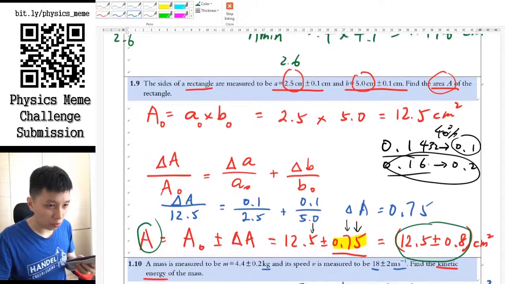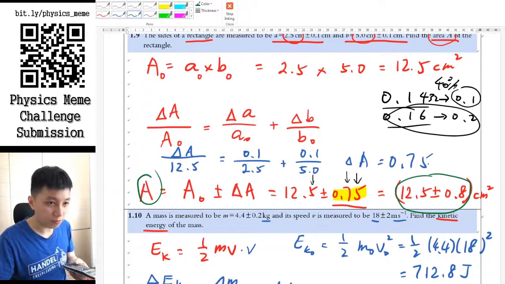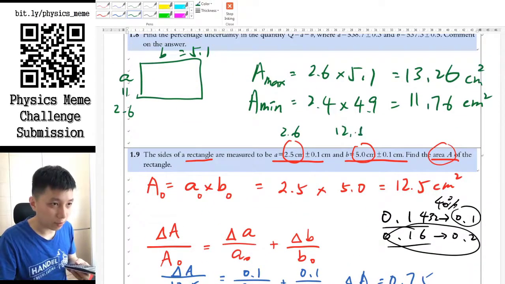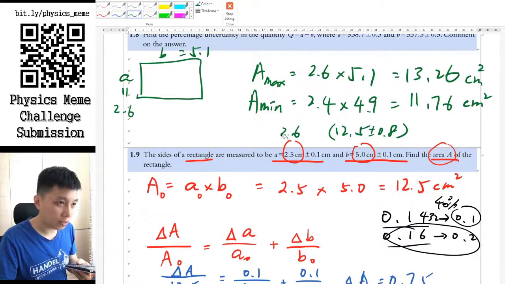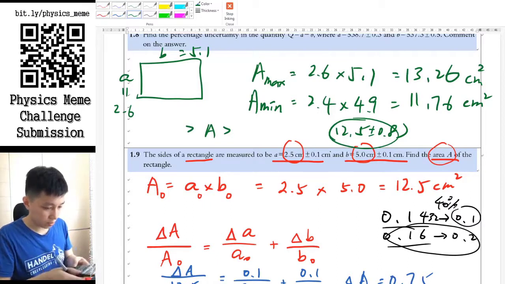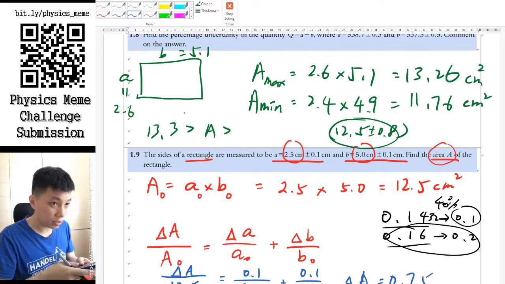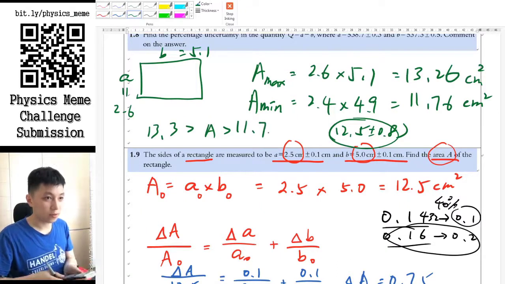Let's take a look. The one that we found from the answer here is 12.5 plus or minus 0.8, so I just copy it here. This actually means the range of A would be 13.3, or actually I can do it 11.7, right?